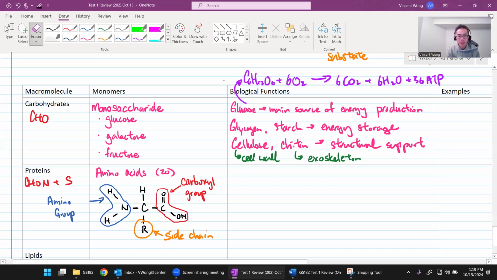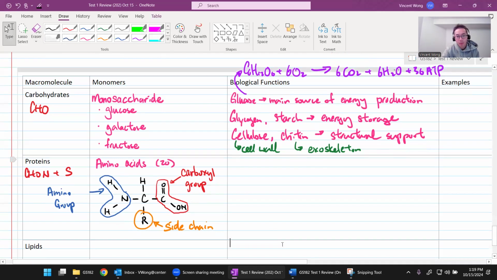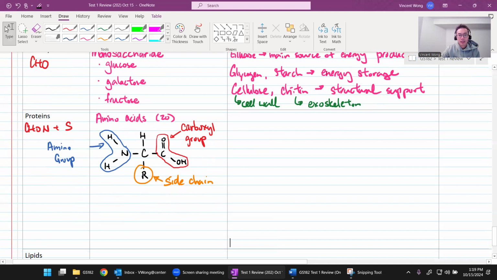So they behave differently. Okay, biological function. There are a bunch of them. These are in no particular order. I'm just writing them as they come to my mind, okay? So energy source.